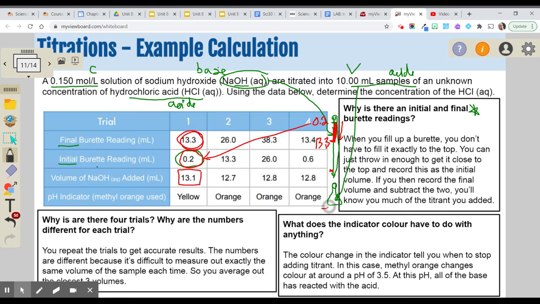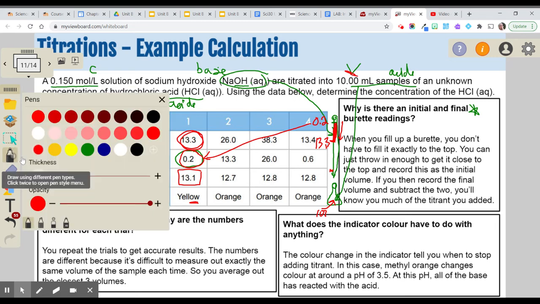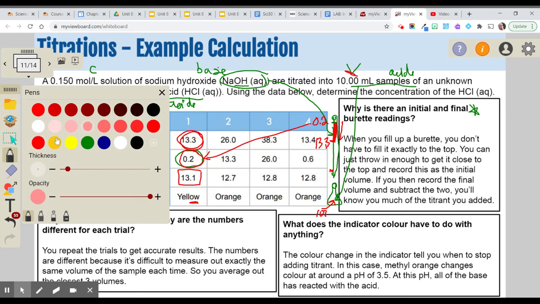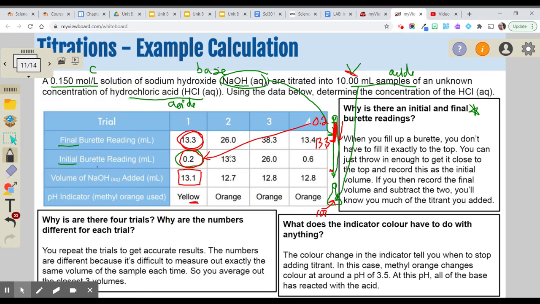Now, how much was in the sample? Every single time, there's 10 mL of the sample down below. They do one trial and get the yellow color change. Then they do it again, and they know roughly how much volume it's going to take from this burette. So in the second trial, let's get another color, they start again. Instead of refilling the burette, they know they have enough to do another trial, so they take the initial reading, which is 13.3 because that's where it ended.